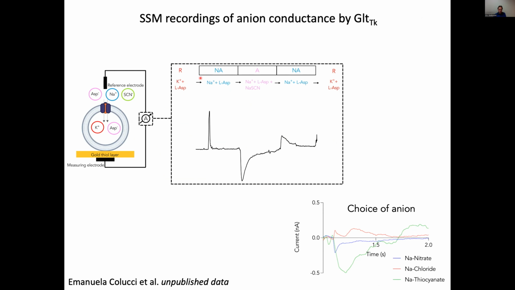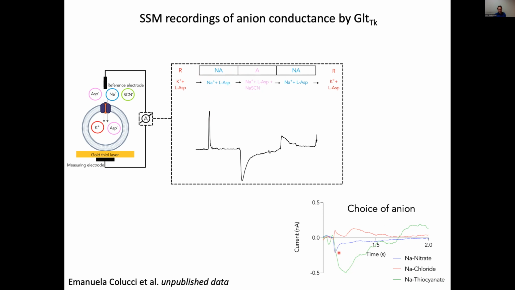But in this case, in the first solution exchange where you see the artifact, we already go to sodium plus aspartate. And then in the activating solution, there is one of these permeant anions. And we chose thiocyanate because that is the most permeant one, which is very similar to what you find in the mammalian transporters.